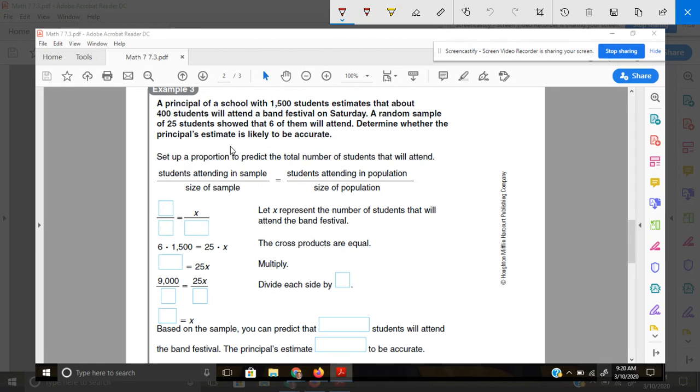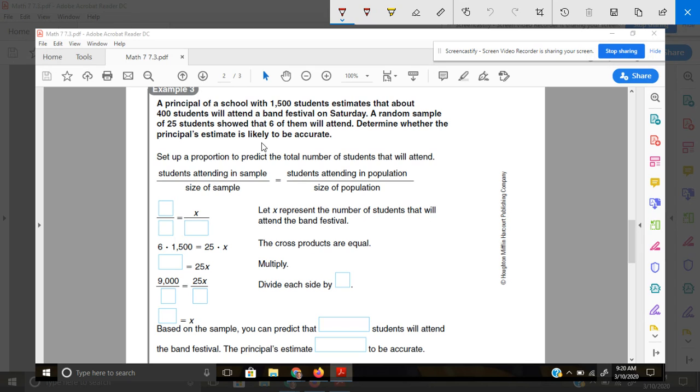Determine whether the principal's estimate is likely to be accurate. So rather than survey 1,500 students, which would take a good amount of time, he just picked 25 random students and found out that 6 of them will attend.